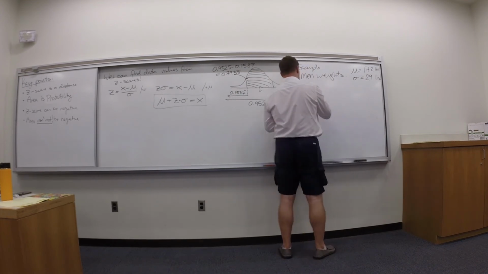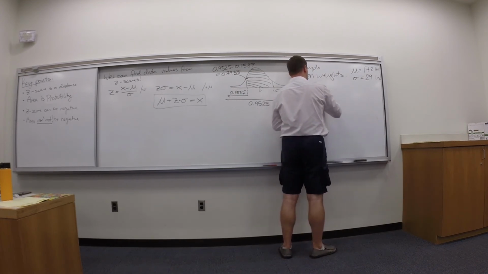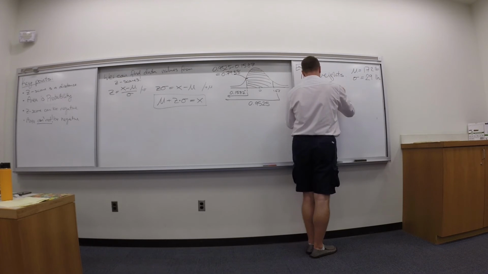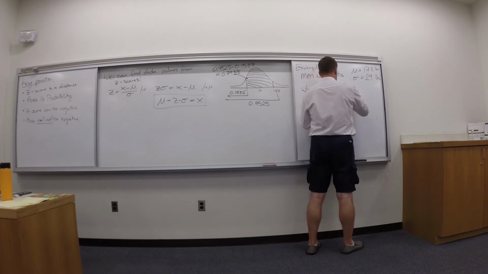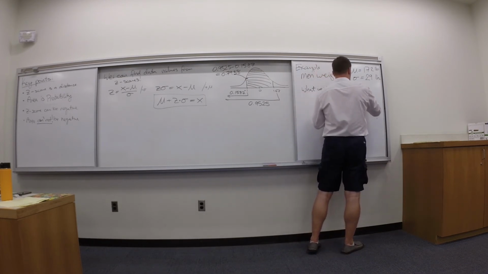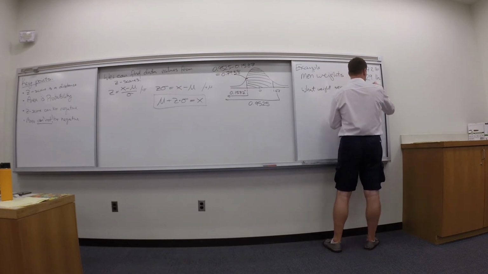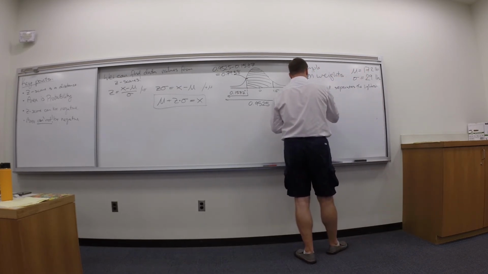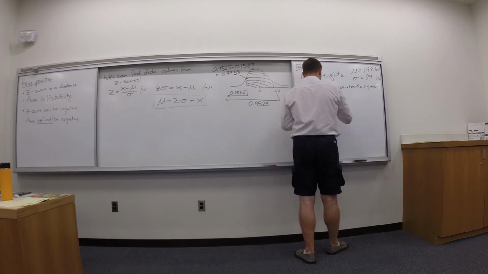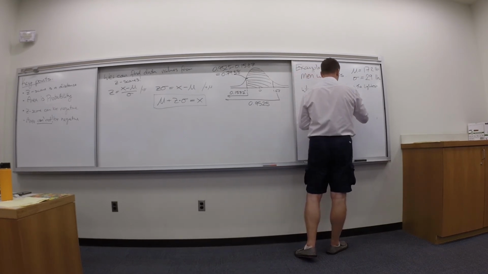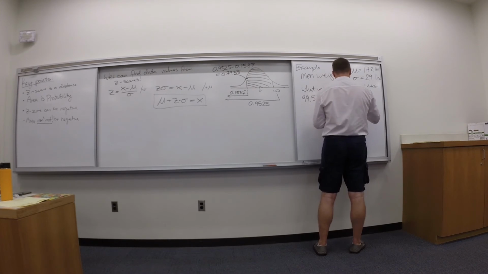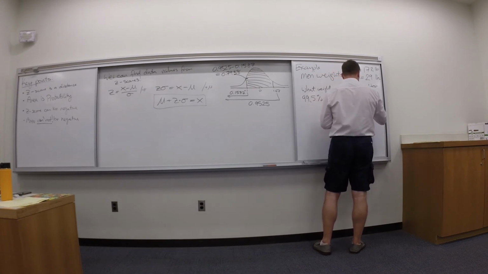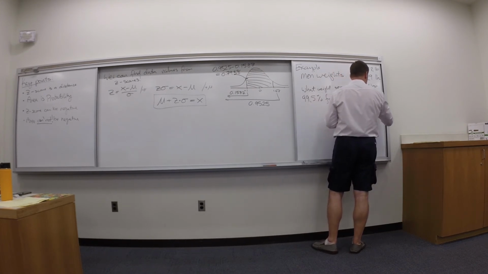And then the question is, what weight separates the lightest 99.5% from the heaviest 0.5%?